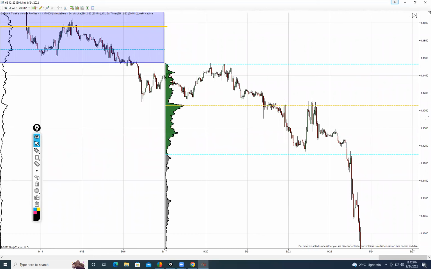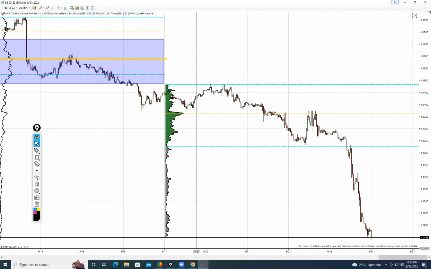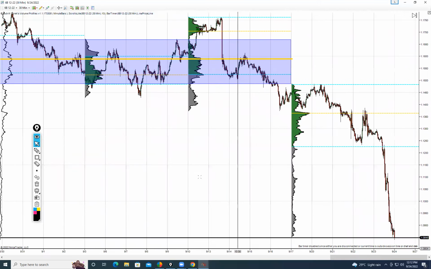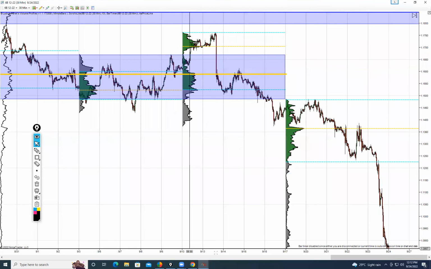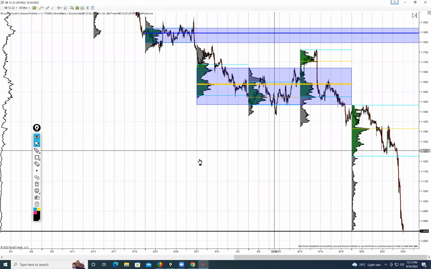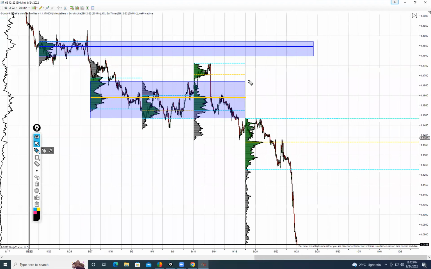With the weekly overview, what we can see is, from our previous week, from this previous distribution and our previous value area that was created there, this was a composite of 3 weeks because the value areas were overlapped. I explained this in the previous video.